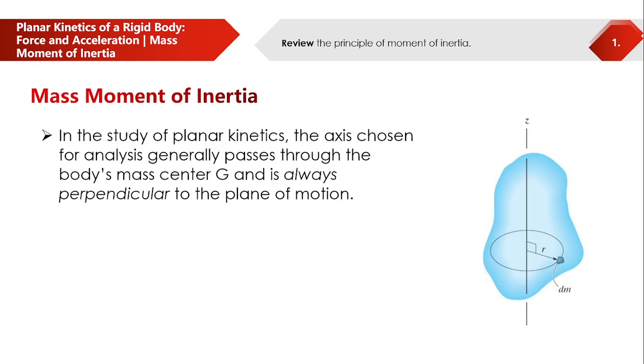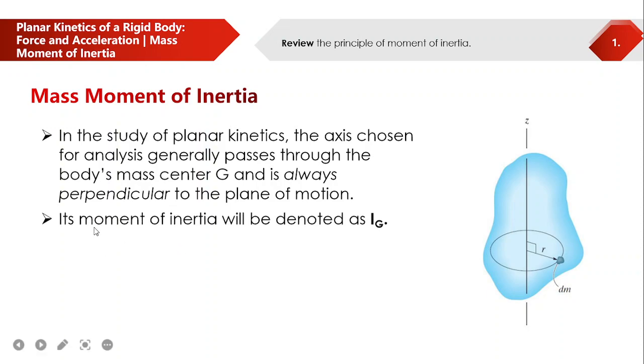Again, in the study of planar kinetics, the axis chosen must pass through the body's mass center G. We denote that as G, the mass center of the body, and it is always perpendicular to the plane of motion. Okay, so it's a given or a rule when we study planar kinetics. Dapat yung axis mo mapapass through the center of mass and it's always perpendicular to the plane of motion.